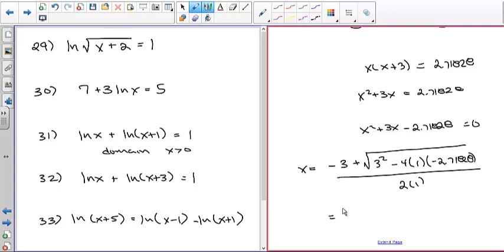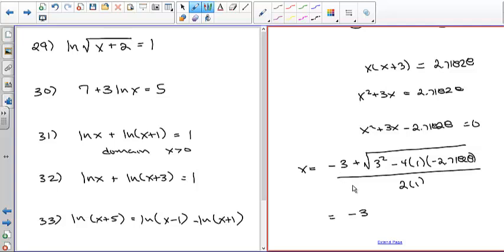So you'll get negative 3, and in the parentheses we get 3 squared. Again, the negatives cancel out. Negative 4 times negative 2 point something. So we'll get 4 times 2.71828, which is 19.87. Take the square root of that.